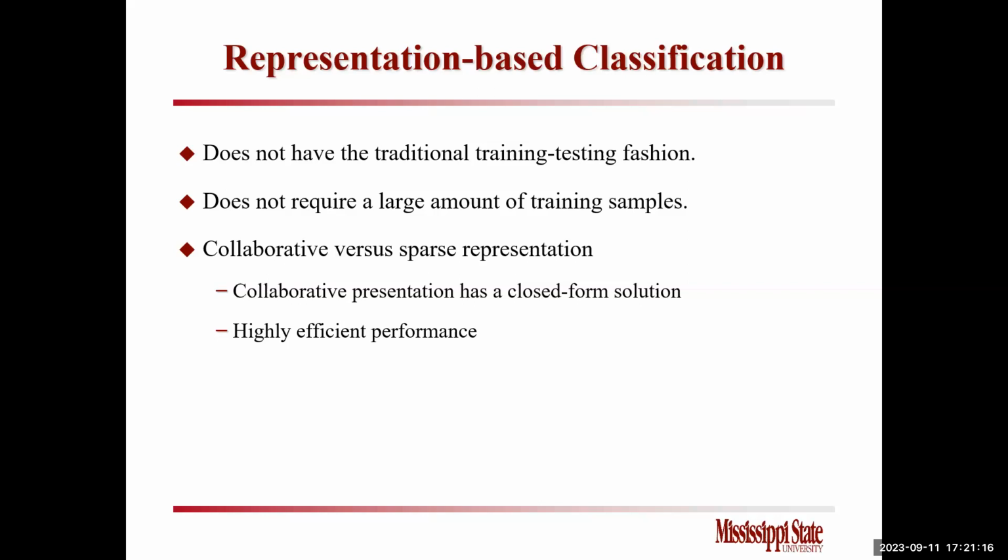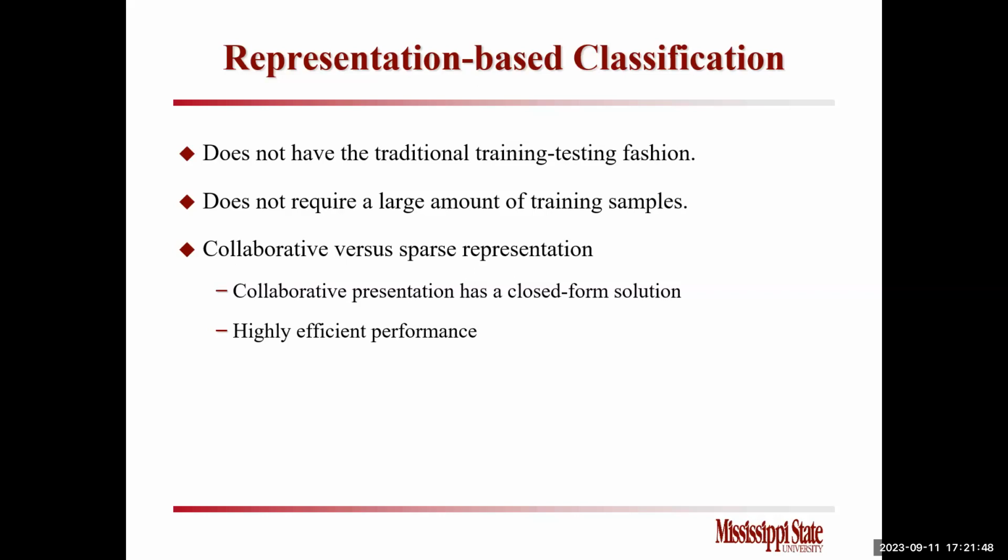However, their performance is highly dependent on the availability of a large amount of training samples. But for remote sensing data, we may not have that many training samples, particularly when we have very high dimensionality data, then the requirement of training samples is also significantly increased.